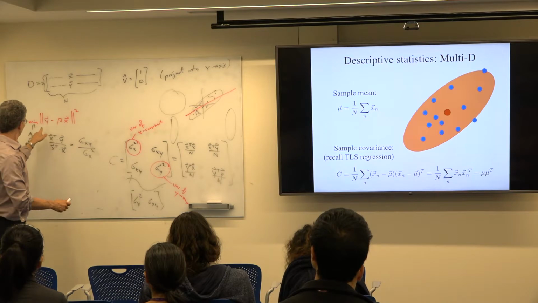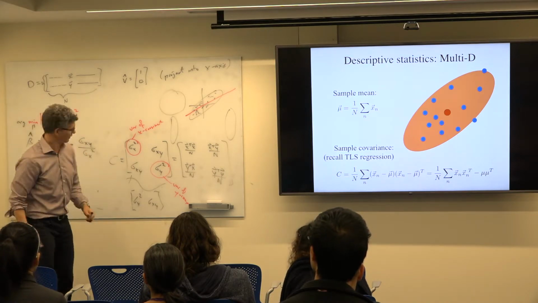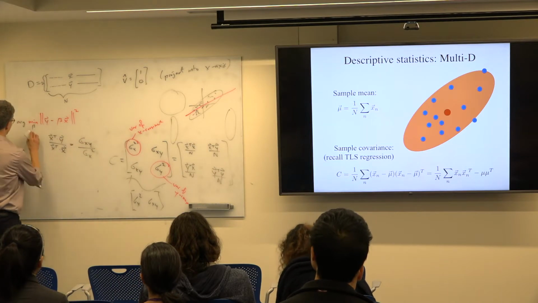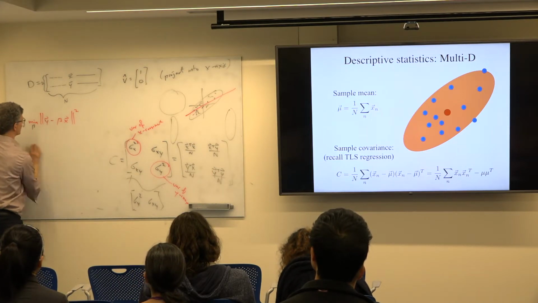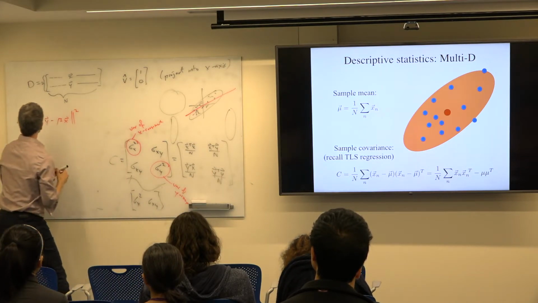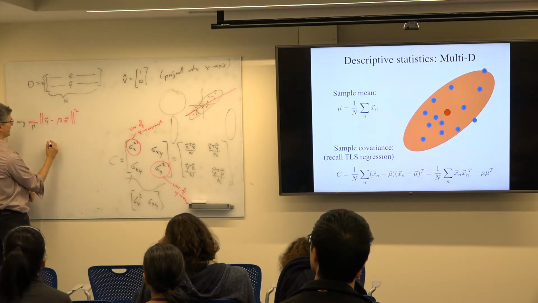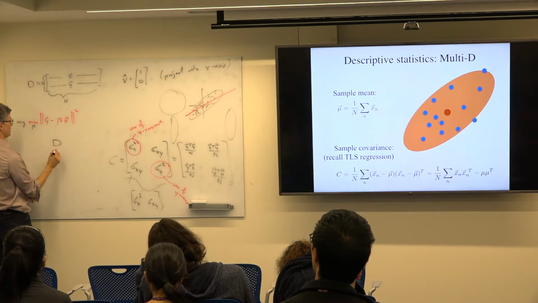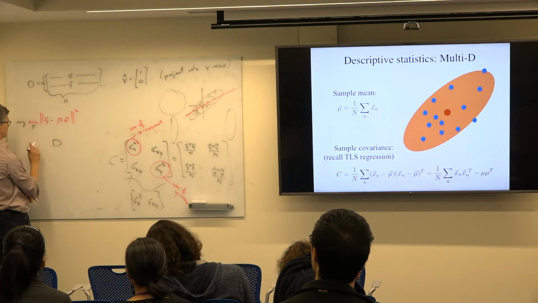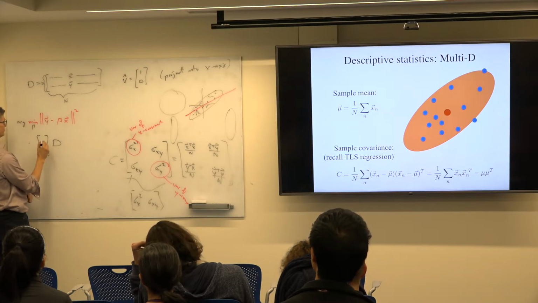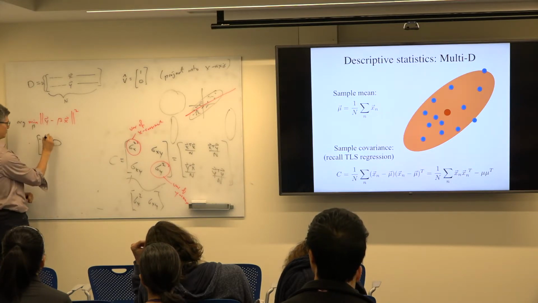But the thing that's worth noticing here, and then we'll be done, is that this expression, y minus beta x, is just d times a column vector that looks like minus beta and 1 transposed.